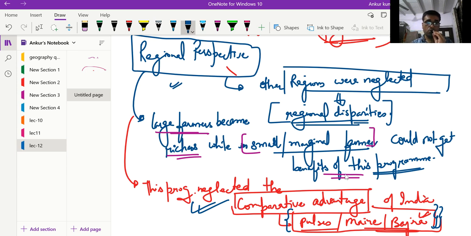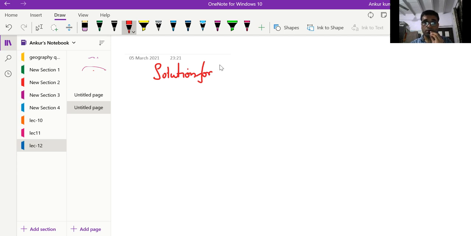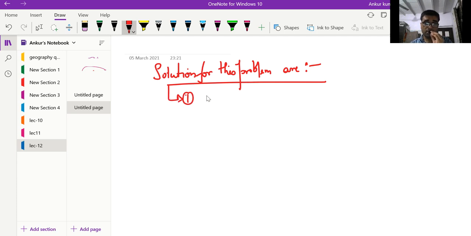Okay, now what are the solutions for the problems that we are repeatedly stating? The solution for this problem is, number one, that we must adopt, and the most important solution will be, let us first of all correct the imbalance, correct the regional imbalance.